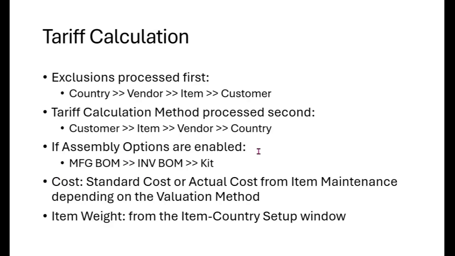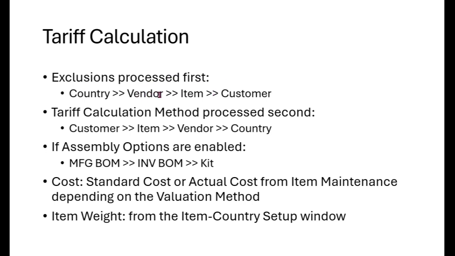When the tariff calculation runs on a per item basis, the first thing it does is look through the country tariff, vendor, item, and customer, in the order shown here, to see if any of them are excluded from the tariff. So if the country assigned to the item is excluded, then there's no calculation.